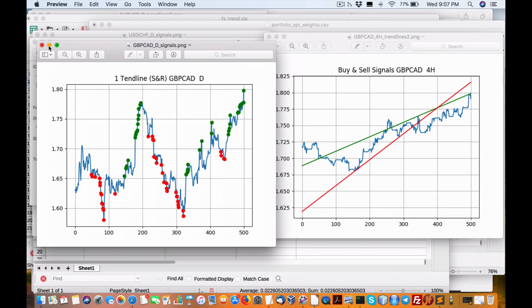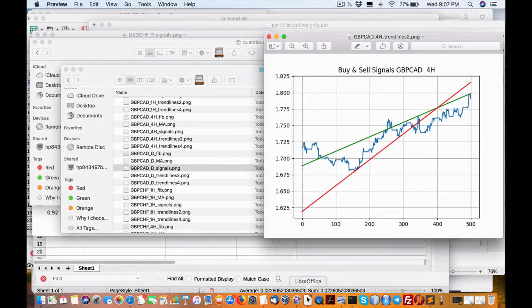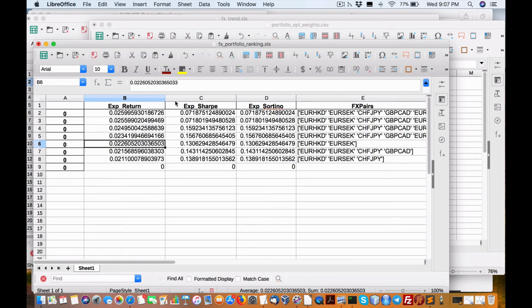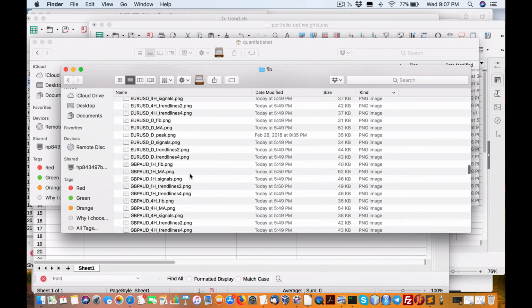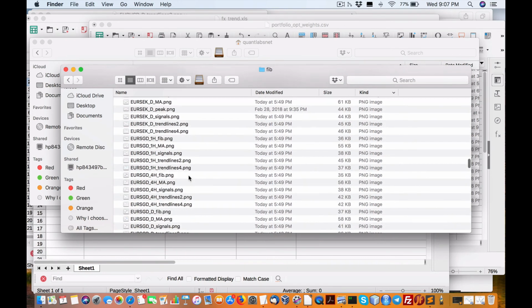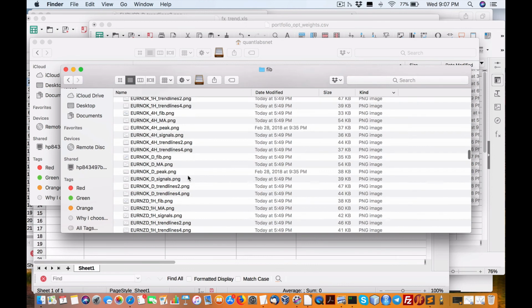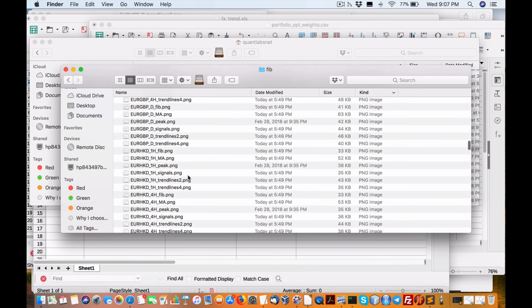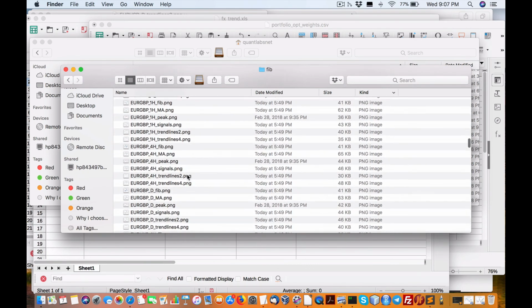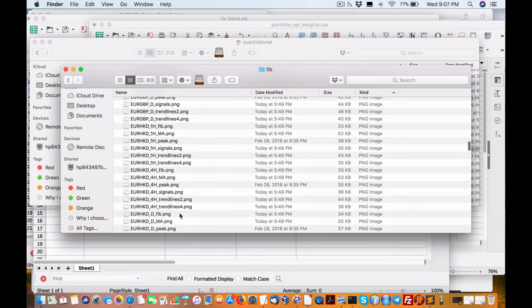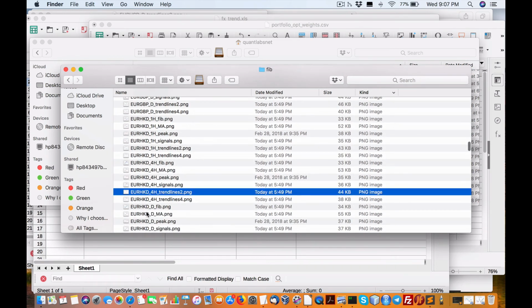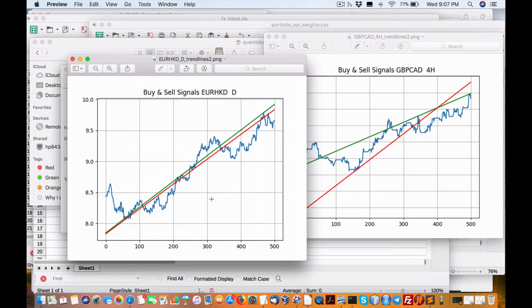Whereas we focus on the highest one, the strongest trending one over that 500-day, like for instance this Euro Hong Kong dollar, you'll see the difference on the buy versus sell. Where is that? Okay, so here it is. If I pull up the daily, that's a pretty strong trend over 500 days.